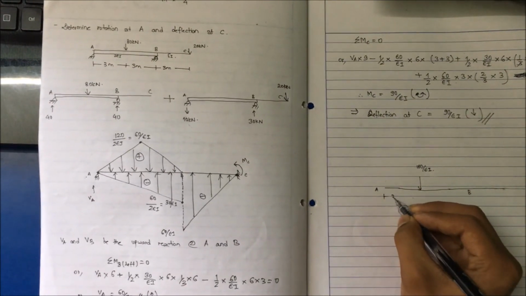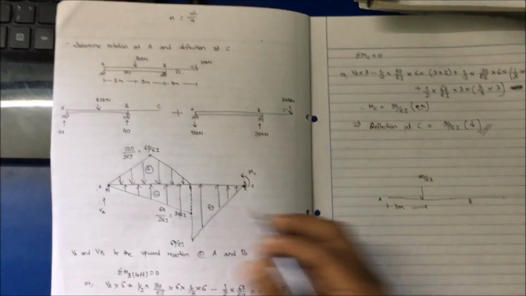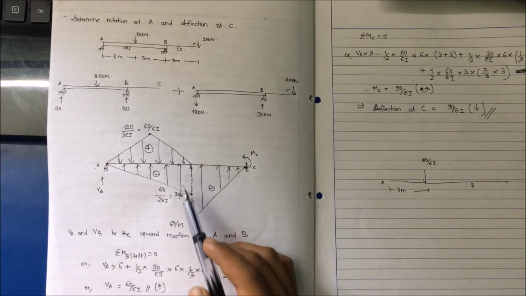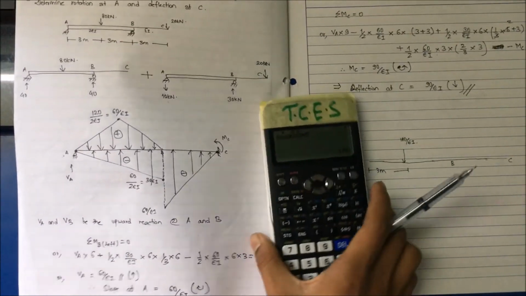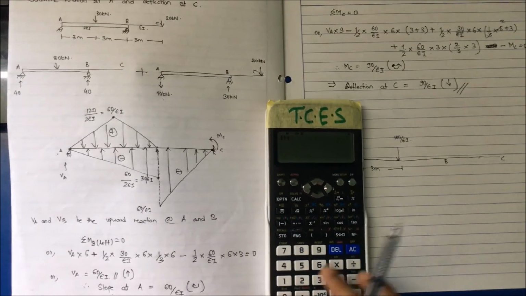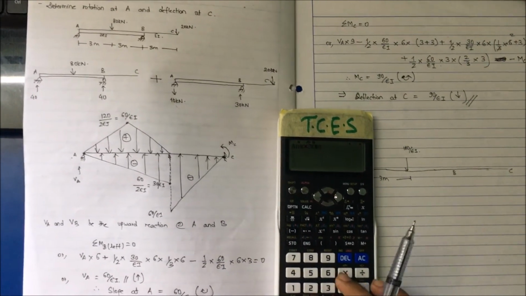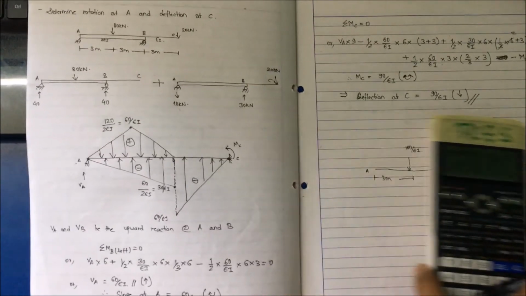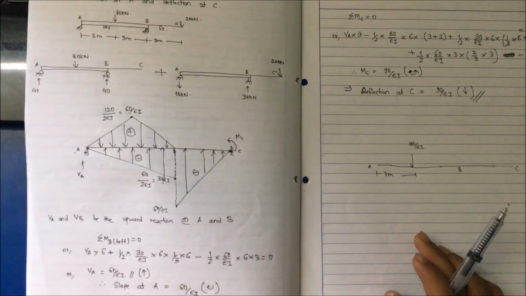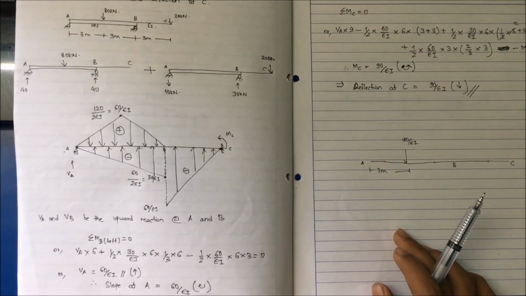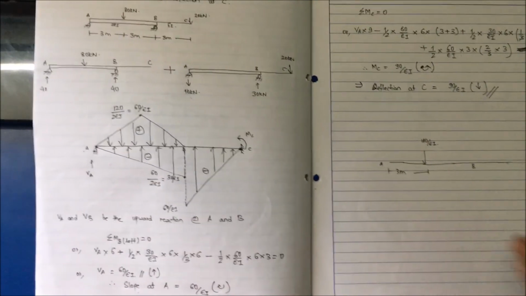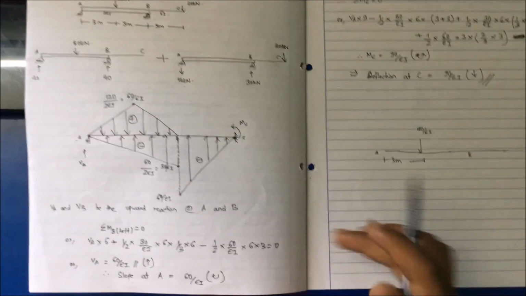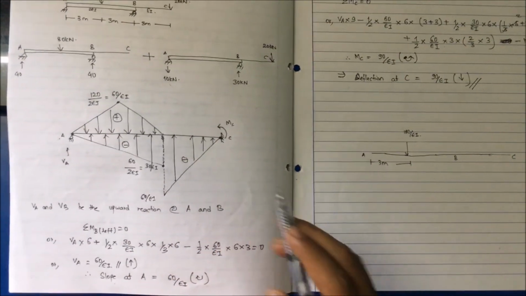Now for another, this is the downward triangle for 30 by EI. Again we calculate the area for the loading: 1 by 2 into 30, span is 6 meter. So 90 by EI will be the magnitude of the point load, and the distance at which it will be acting can be calculated from the apex: 2 by 3rd of the span, that is 2 into 6 by 3, that gives me 4 meters.